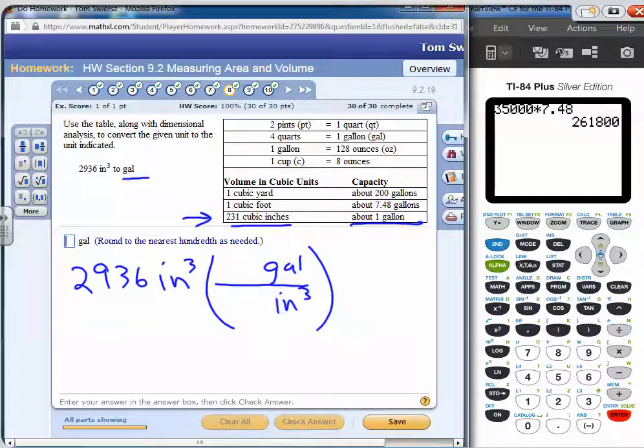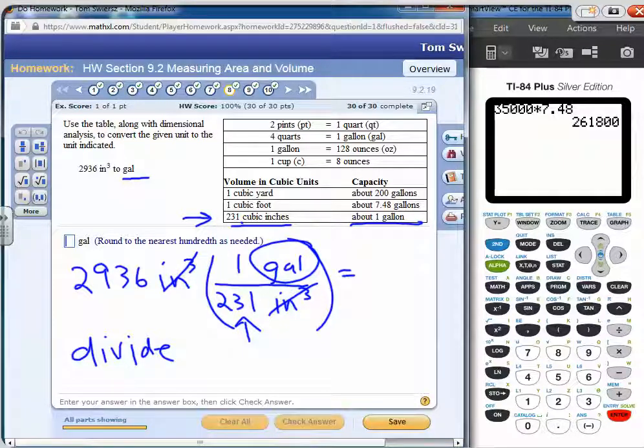What are the numbers? 231 cubic inches for every 1 gallon. The 231 is in the denominator, right? So that tells us we're going to divide 2,936 by 231, and then the cubic inches will cancel, and we'll get our answer in terms of the number of gallons. Okay? The way we set it up so the conversions will cancel.